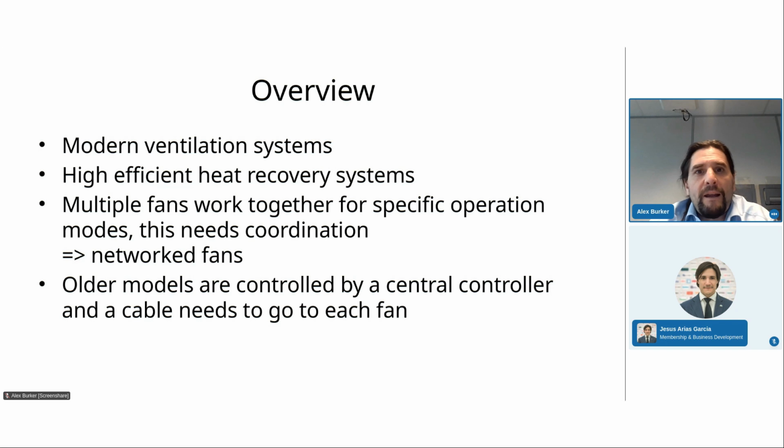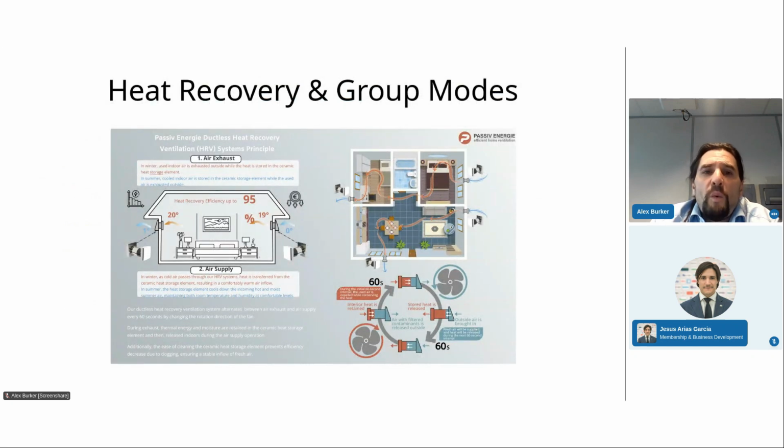And at the beginning of the year, they thought they wanted to change their current product status. So what they had until right now is that if you have a home and you have multiple rooms and you want to have exchange of the air between the rooms and to the outside, then you need to build a setup where the fans are working together, where let's say one fan is taking in and the other fan is exhausting the air.